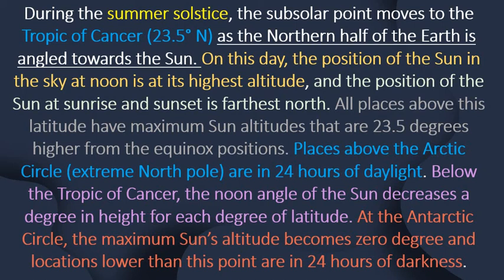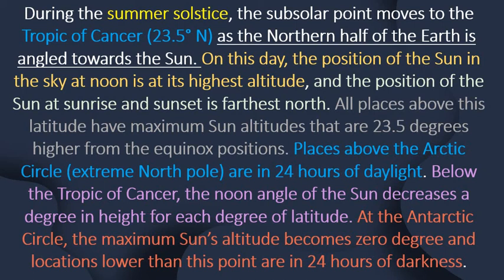All places above this latitude have maximum sun altitudes that are 23.5 degrees higher from the equinox positions. Places above the Arctic Circle, that is the extreme North Pole, are in 24 hours of daylight.